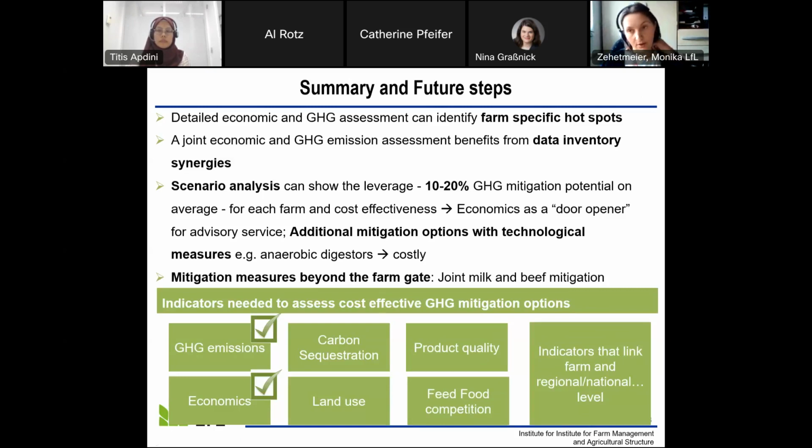And for the long term, we have now assessed greenhouse gas emissions and economics in the tool, but to avoid leakage and to really identify meaningful greenhouse gas mitigation measures, we need a whole bundle of more indicators, especially carbon sequestration when it comes to greenhouse gas emissions.